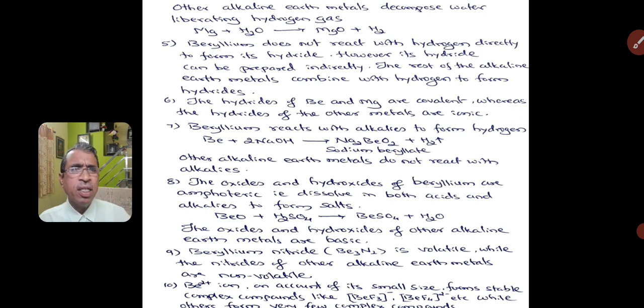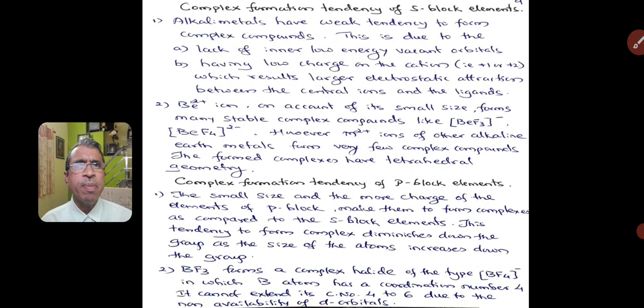Beryllium nitride is volatile, while the nitrides of other alkaline earth metals are non-volatile. Beryllium ion, on account of its small size, forms stable complex compounds like BeF3 minus, BeF4 2 minus, etc., while other alkaline earth metals do not form complexes of this type.